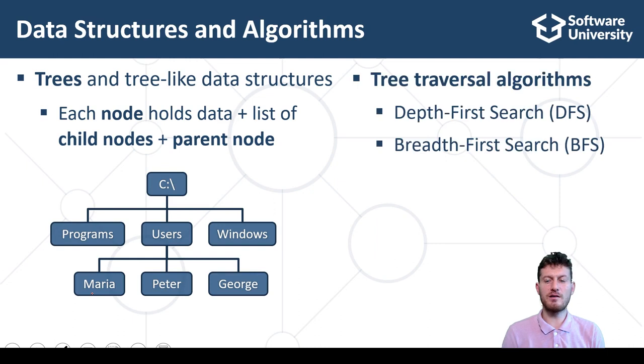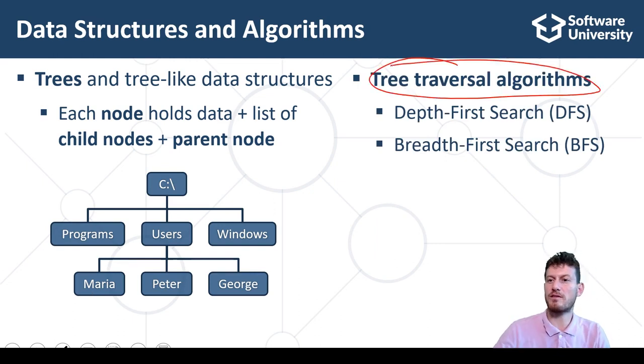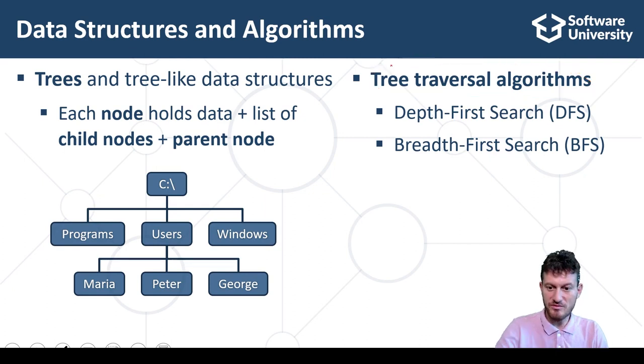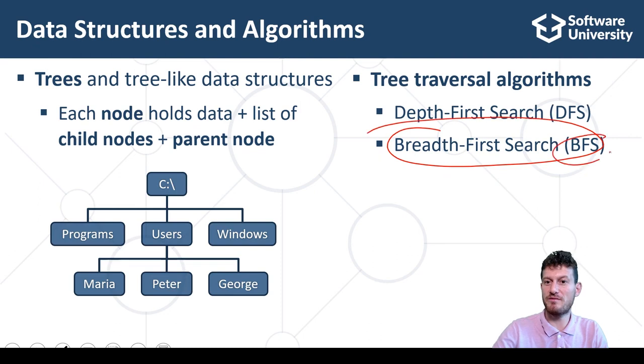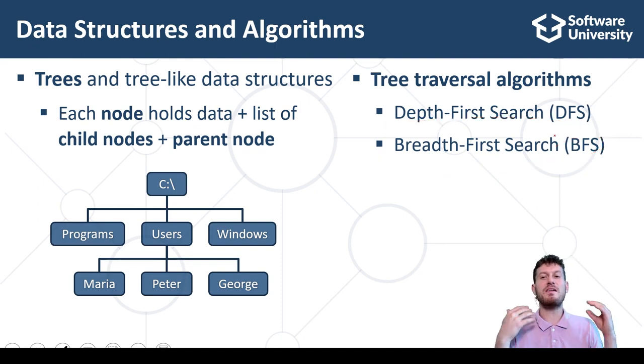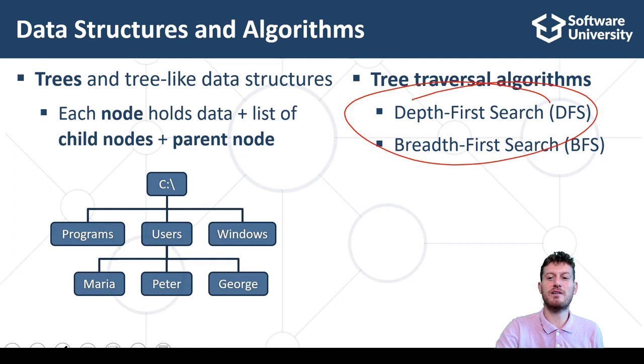Examples of algorithms are the classical tree traversal algorithms, depth first search, DFS, and breadth first search, BFS. We shall learn them in the Data Structures and Algorithms module at SoftUni.